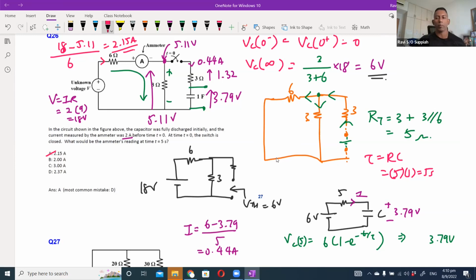Why you want the current through the capacitor is because then we can use that to find the voltage drop across the other 3 ohm resistor. And then we work backwards to find the current through the main branch, or going through the emitter over here. So that is this.